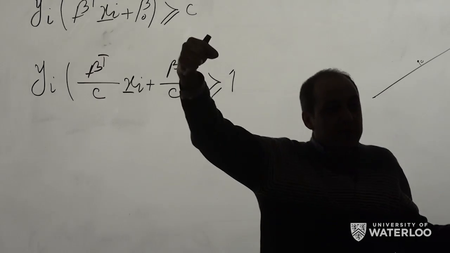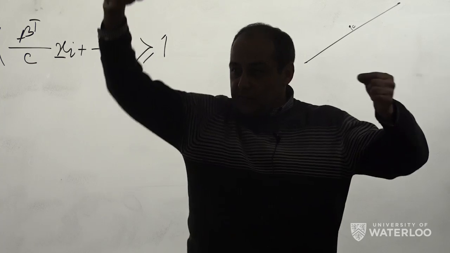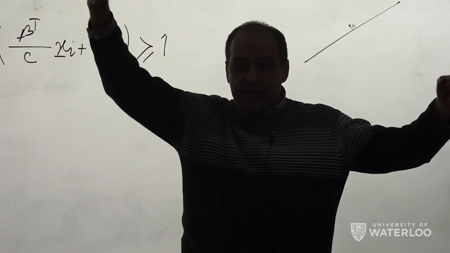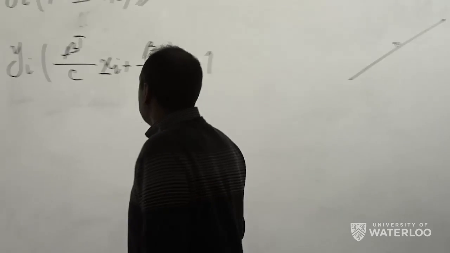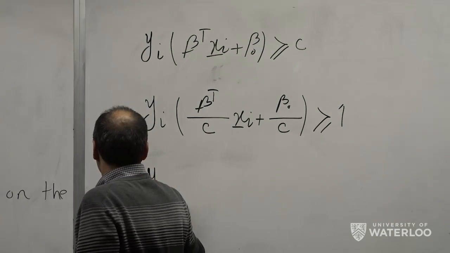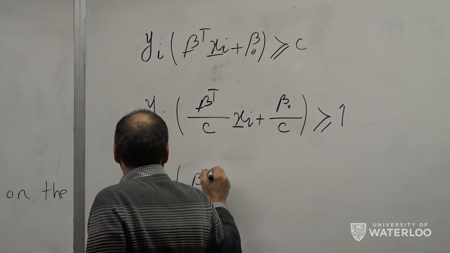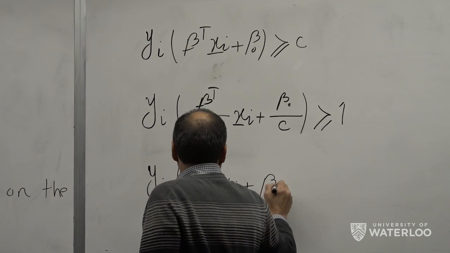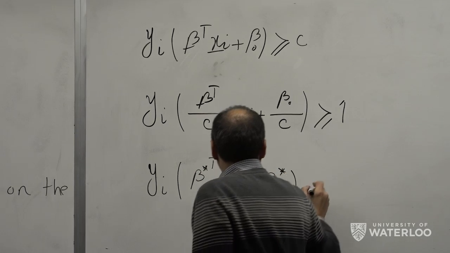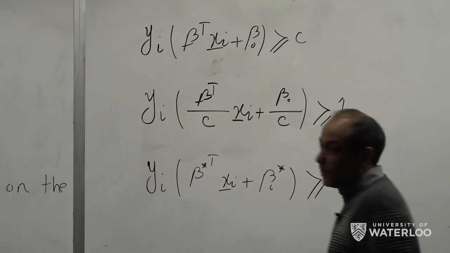Beta is a vector. When I divide it by c, it doesn't change the direction of the vector, right? It just changes the length of this vector. So let me call it beta star. So there is beta star transpose xi plus beta null star such that for all points it's greater than or equal to 1.